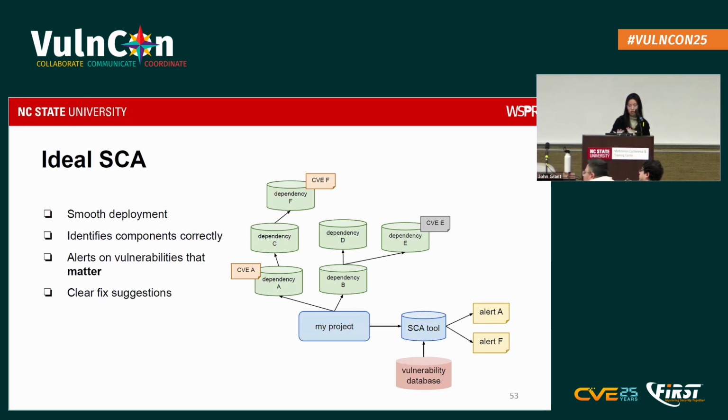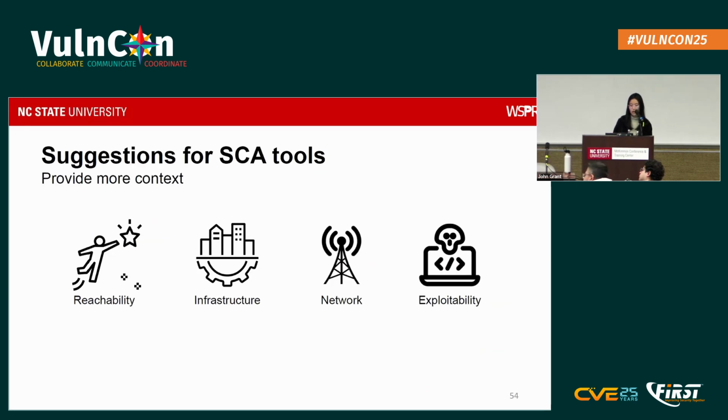So based on all our observations and what makes an ideal SCA tool, we came up with some suggestions for SCA tools. The overview of all of these suggestions is really to provide more context. It could be context around the vulnerable library, how it is used.